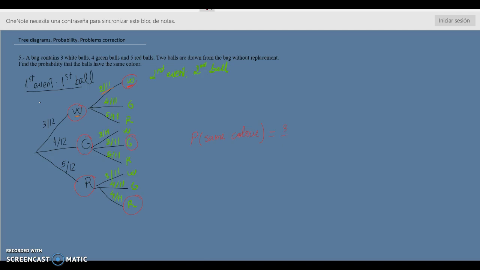So 3 over 12 times 2 over 11 plus 4 over 12 times 3 over 11 plus 5 over 12 times 4 over 11. This is equal to 0.286.